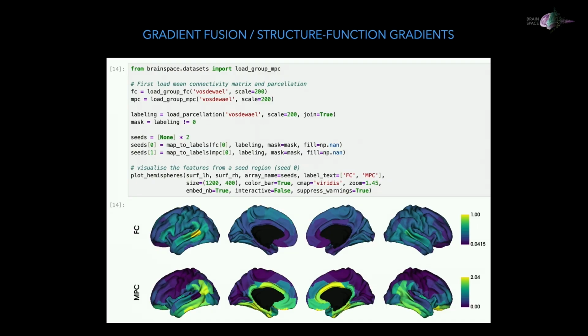Yeah, so this is also one of the examples that's on the website. Here we can also look at things that are maybe a little bit more funky, like gradient fusion, or we can look at structure function gradients. So we can plot this functional connectome, and then we get this MPC connectome. This is microstructure profile covariance in a different parcellation here. So here, these are just the seed-based maps. We can look at the resting state functional connectivity, but also at this microstructure similarity of different brain regions.